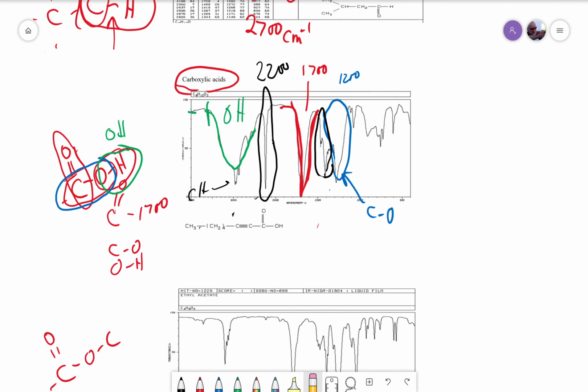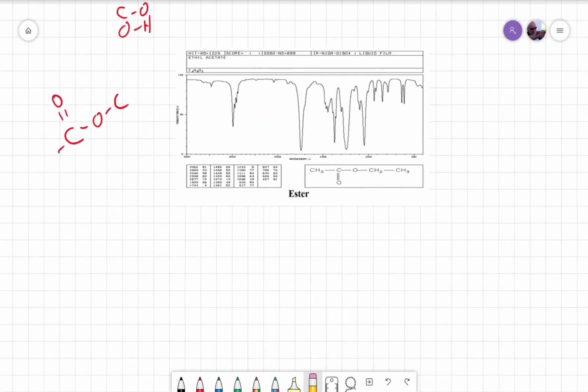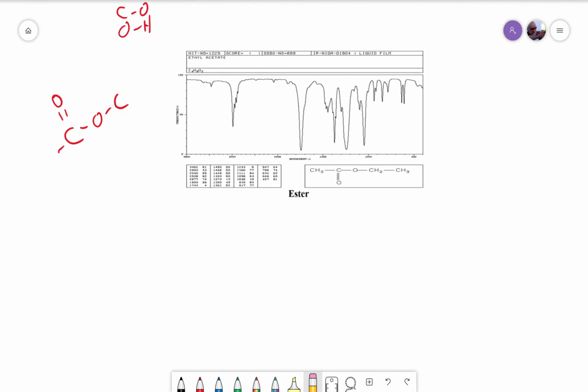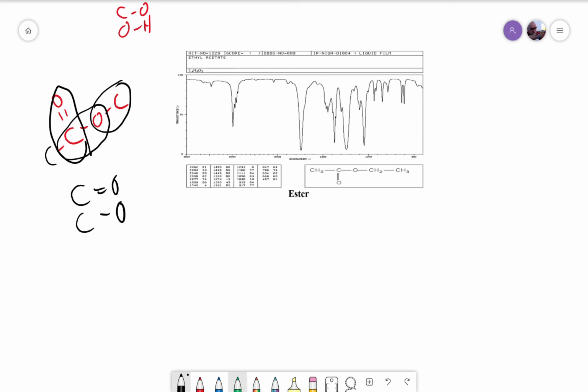Lastly, we have the ester. And the ester is a combination of the C double bond O, the C single bond O, that we will see here at 1700, here at about 1200 or higher.